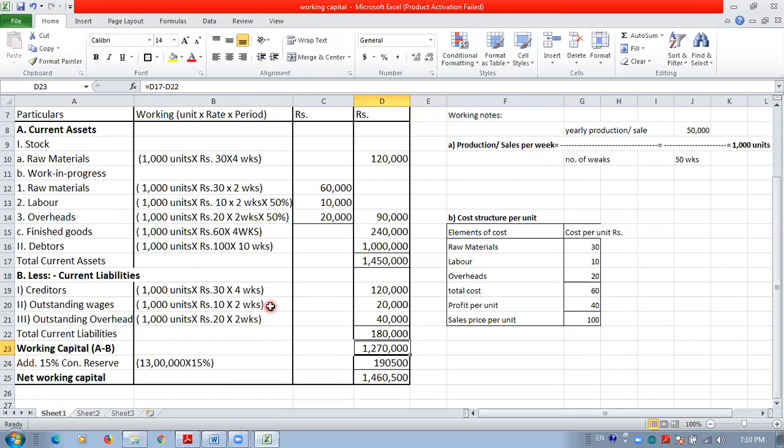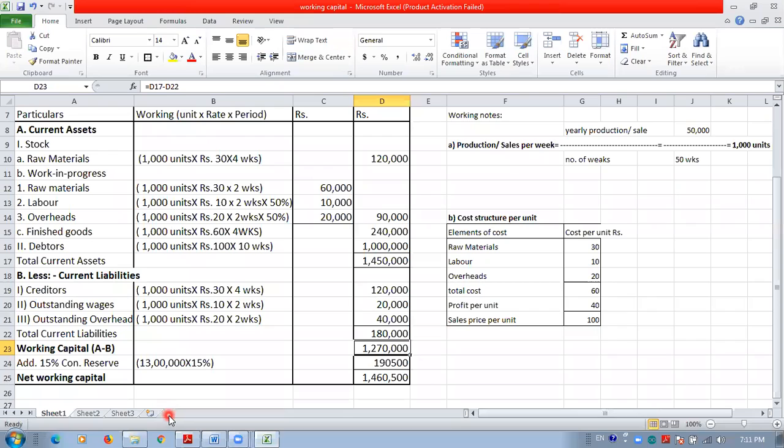So to be on the safer side we are assuming that there may be some contingencies in future, and that's why we are taking this 15% as a contingency reserve to cope with any changes that happen in future, or to be ready with the funds if required. For that purpose we are considering this contingency reserve.